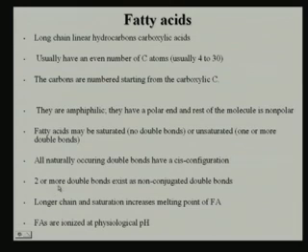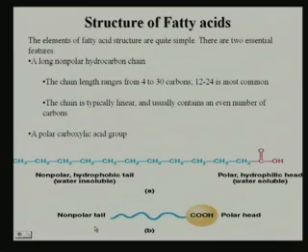Now, two or more double bonds exist as non-conjugated double bonds, and longer fatty acid chains and saturation increase the melting point of the fatty acid. Fatty acid gets ionized at physiological pH, that means at pH around 7.4.